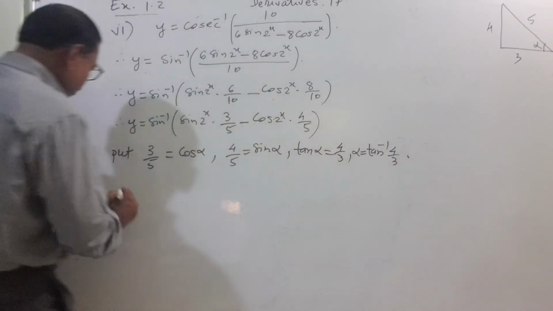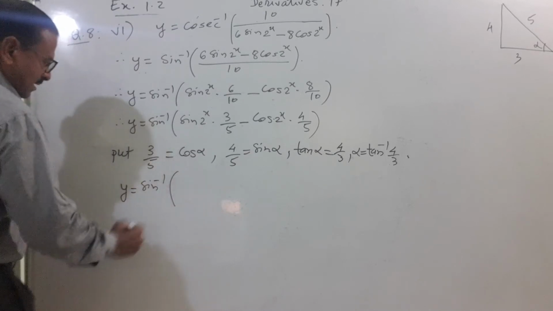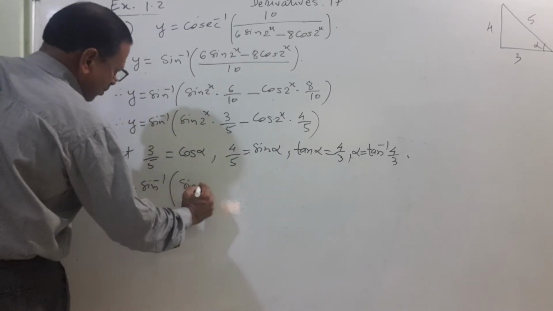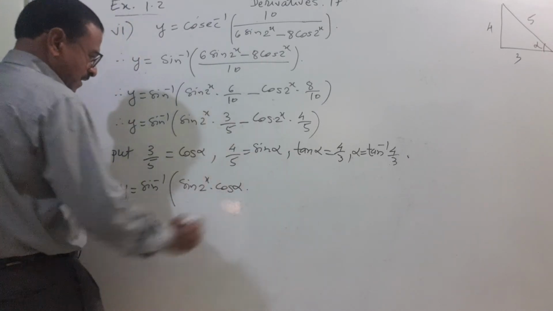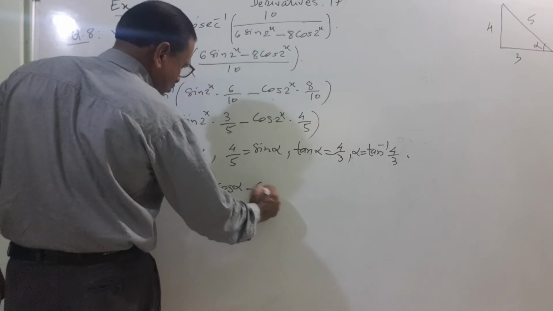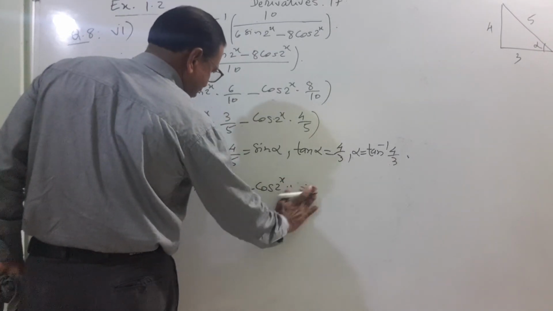So what will y be? Y will be sine inverse of sine 2 raised to x into cos of alpha minus cos of 2 raised to x into sine of alpha.